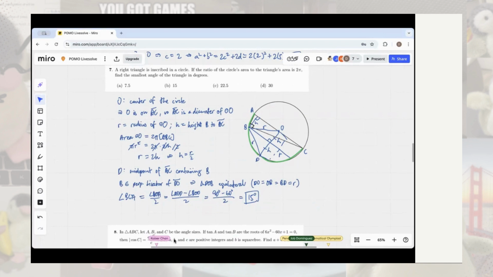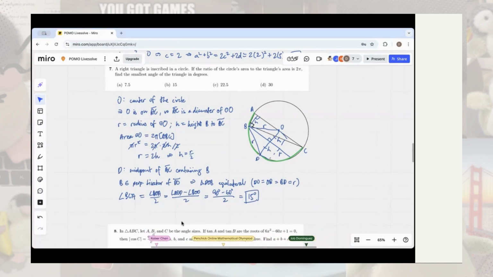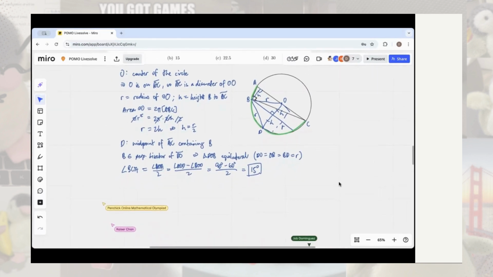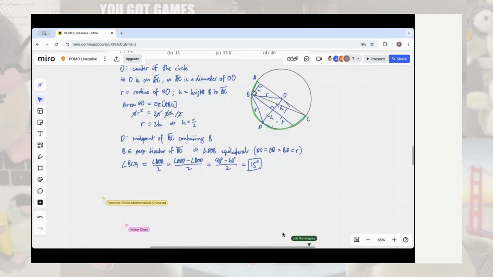Solution 2 is as follows. Let 2r be the length of the diameter, so that's AC, and let theta be the smallest angle.